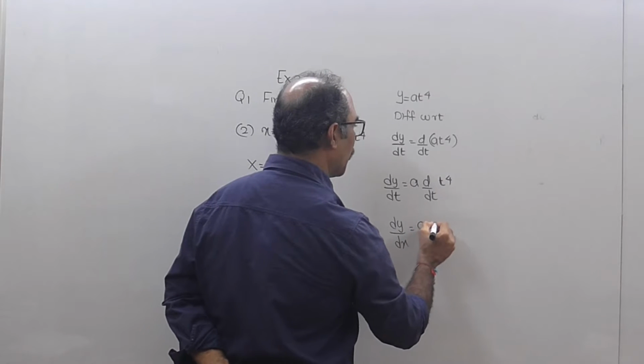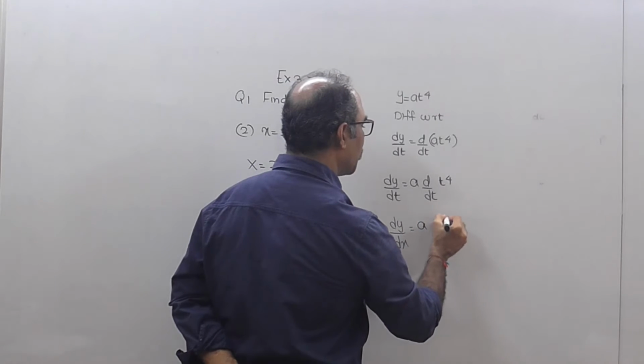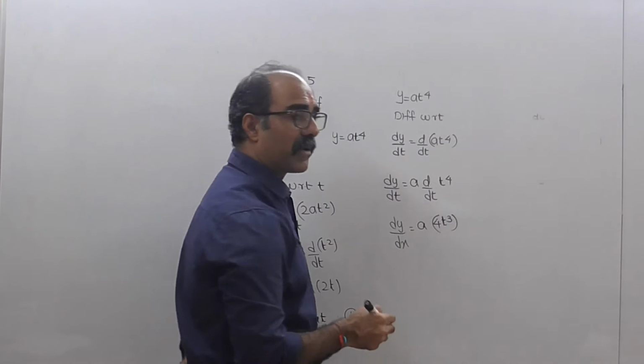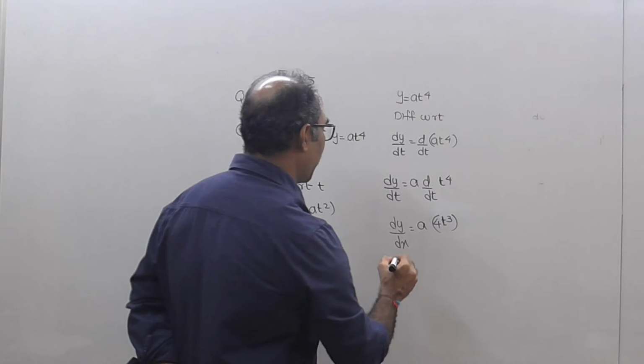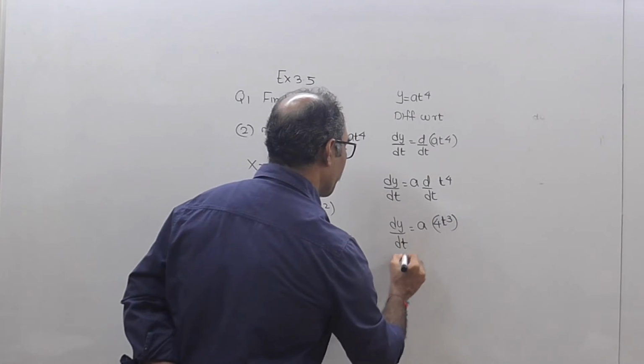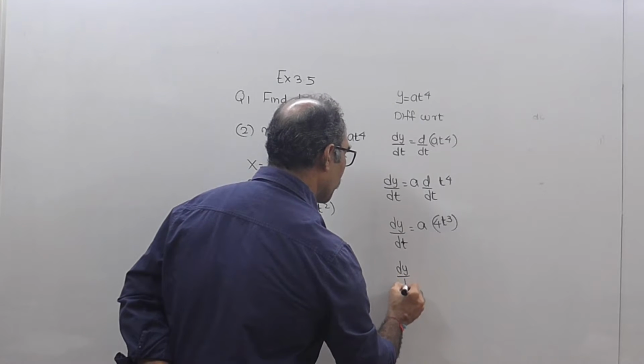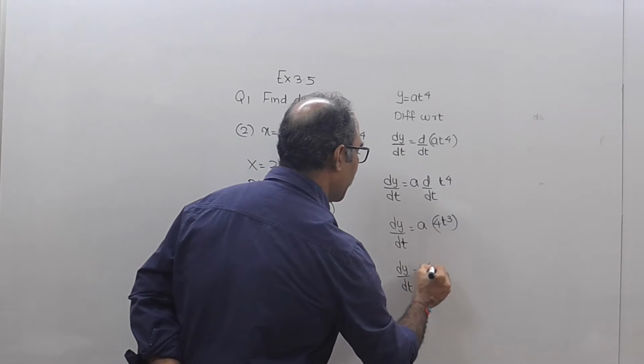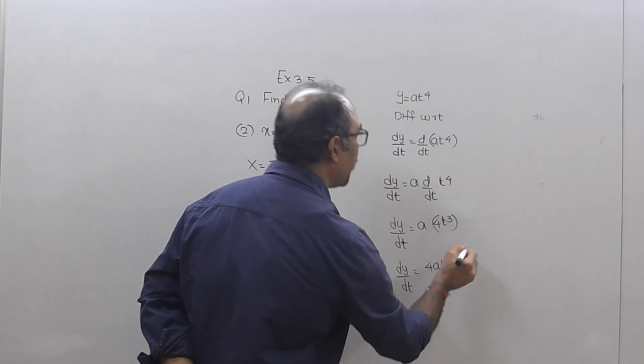The derivative of x raised to n is n x raised to n minus 1, so dy by dt equal to 4a t cube.